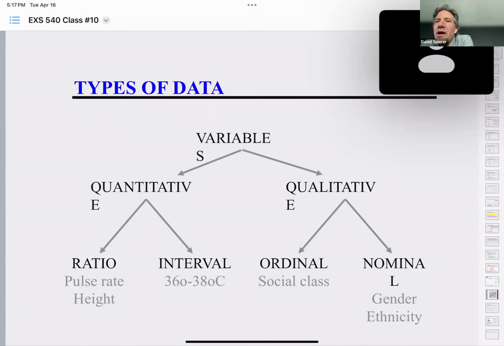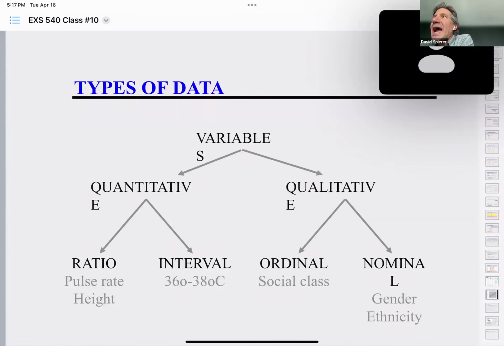Now, what kinds of variables do we have? There's two different kinds, just like there's two real types of study data. There's quantitative study data, which really refers to numbers and objective information that is measured from, let's say, a physiologic perspective.